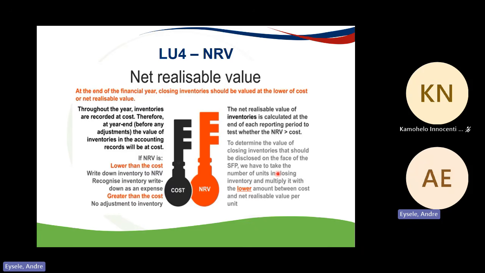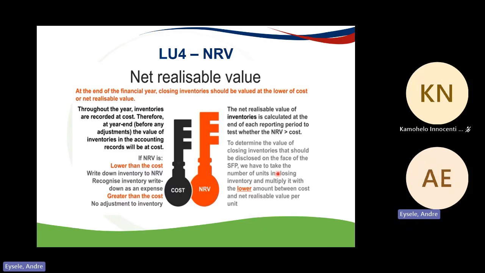And when your NRV is lower than your cost, you need to write down the inventory items, okay, per category. Depending on whether your raw materials and work in progress will form part of finished goods that will realize above their cost, then those raw material items, consumables and work in progress will not be written down, because they are seen as being incorporated into the finished goods and will be sold above their cost.